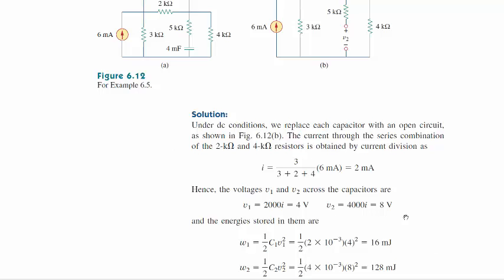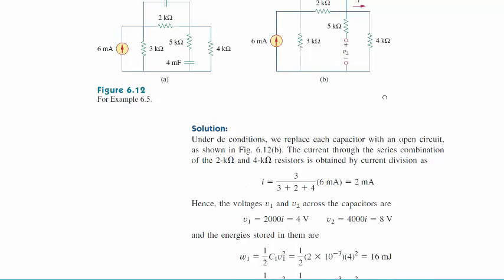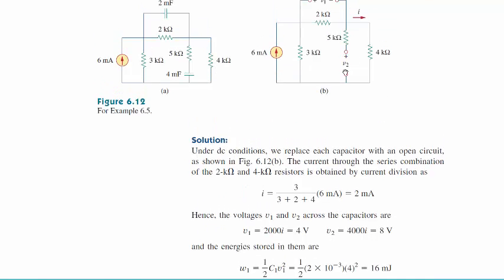The only little trick to this is, well, we apply our normal rules, find the current going through here. There's no current going through this part of the circuit because it's open right now. You have a voltage drop here, and then we have a voltage drop here. It's important to recognize that the voltage drop that's across here is the voltage drop that you see across these open terminals right here.